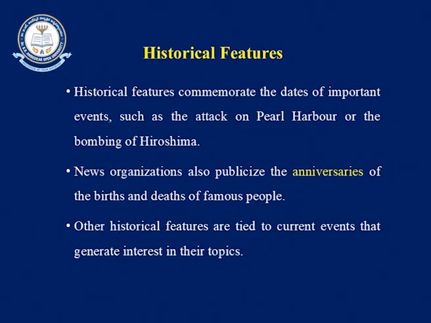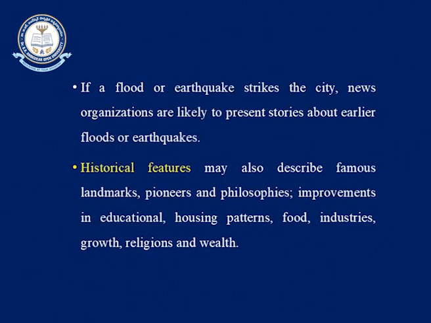Other historical features are tied to current events that generate interest in their topics. If a flood or earthquake strikes the city, news organizations are likely to present stories about earlier floods or earthquakes, because these are events.